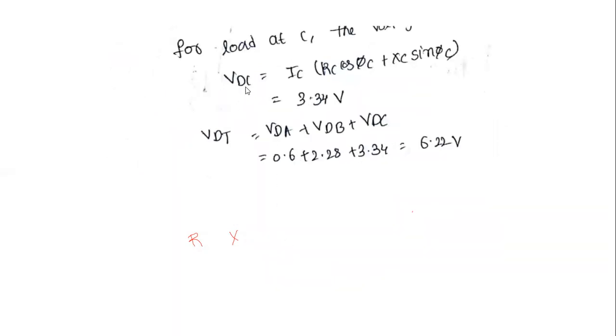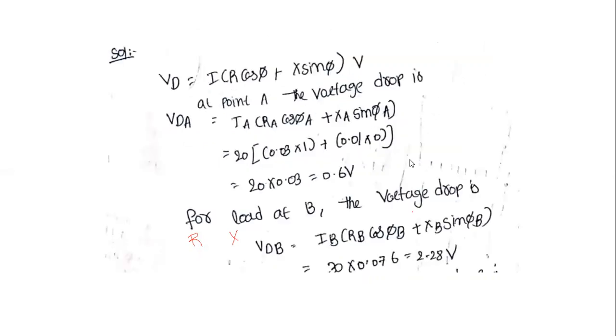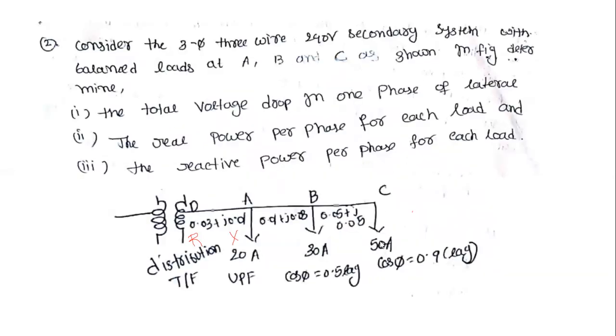Next, similarly, we calculate the voltage drop across the D to C, that is IC into RC cos phi C plus XC sin phi C. What is the current at C point? That is 50 amperes. The power factor is 0.9, the resistance is 0.05, and the reactance is 0.05.